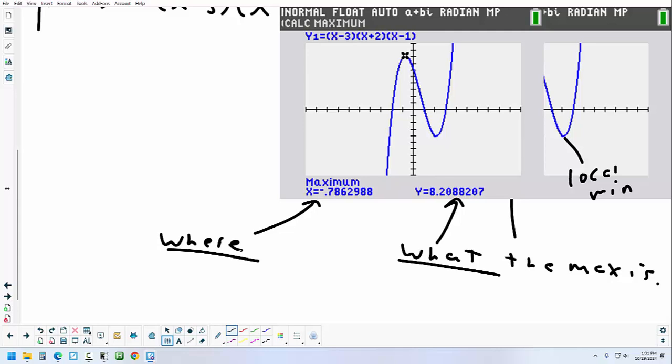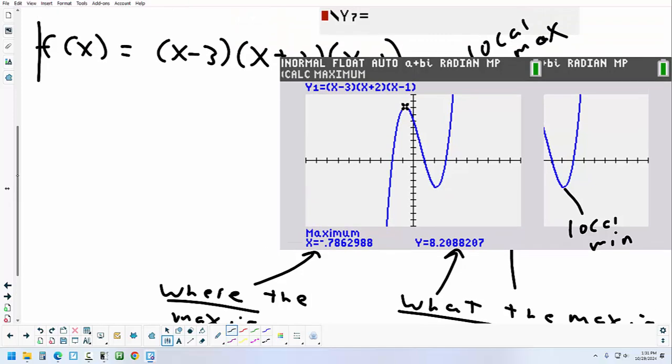We always describe where it is on the x-axis. So where the max is. In other words, if you wanted to get the number 8.2 for y, you would plug in negative 0.78 for x. So would our answer just be 8.2?